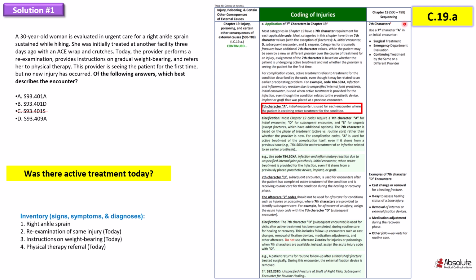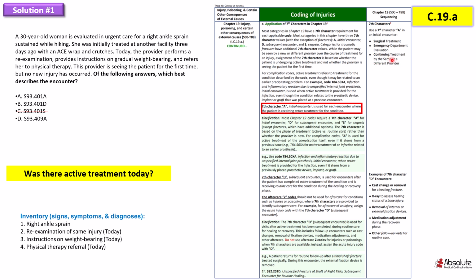Active treatment can be defined as surgical treatment, emergency department evaluation. So if you put urgent care here, whenever they're in the urgent care, that would answer this definition. Also, continuing treatment by the same or different provider.